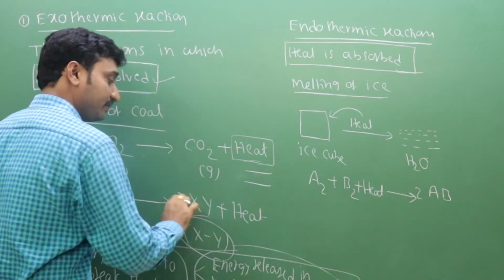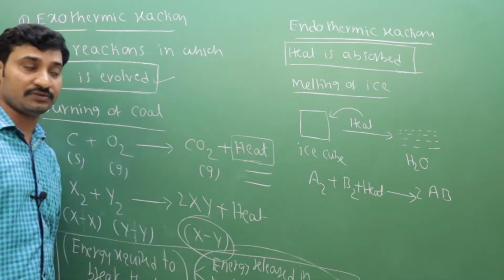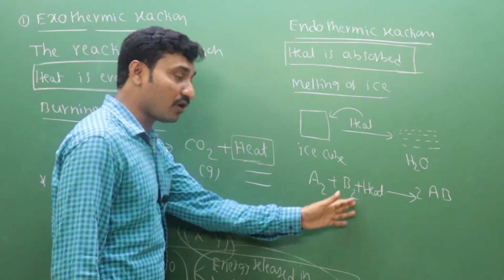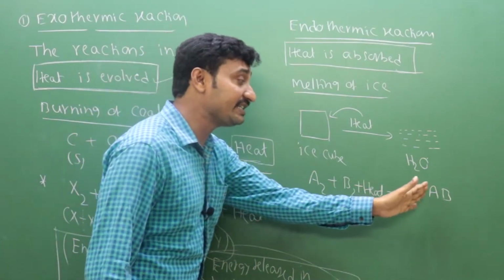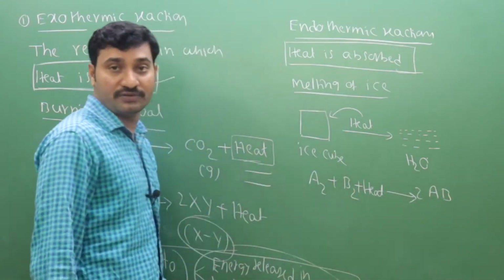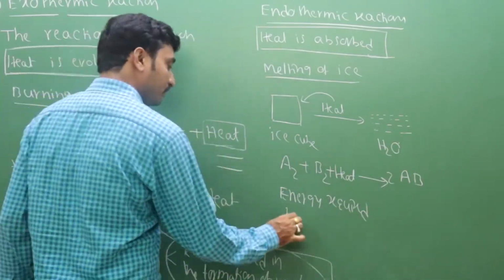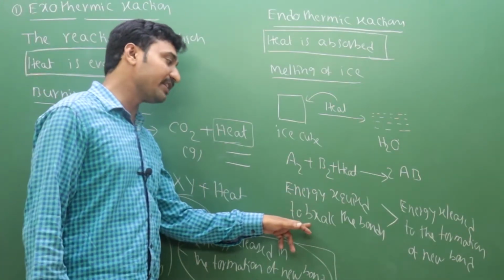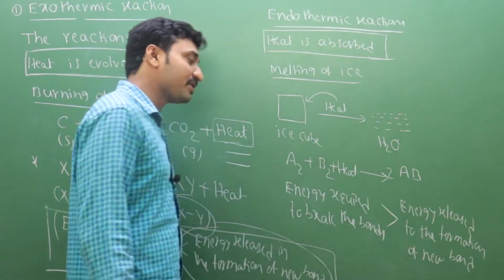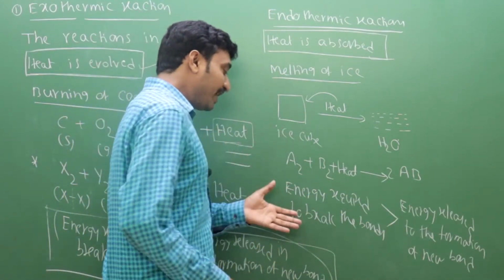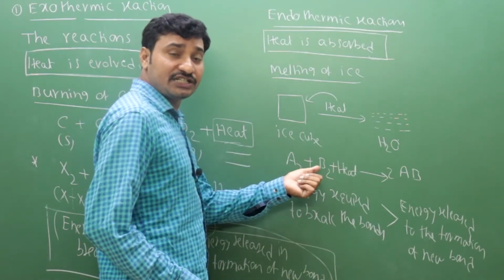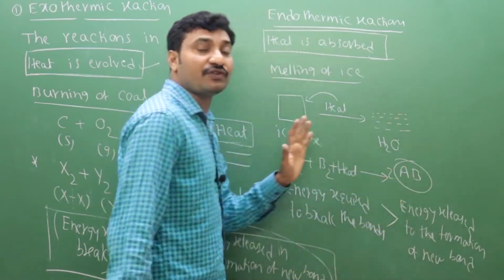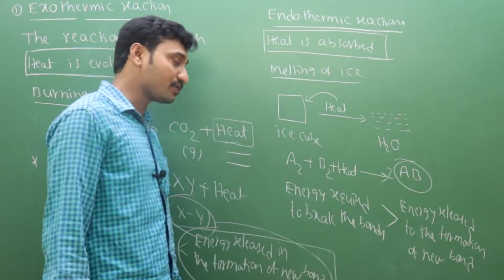Here the energy required to break the bonds is greater than the energy released in the formation of new bonds. So to break the bonds in the reactants, more energy is required than the energy released in the formation of new bonds, that means in the products.